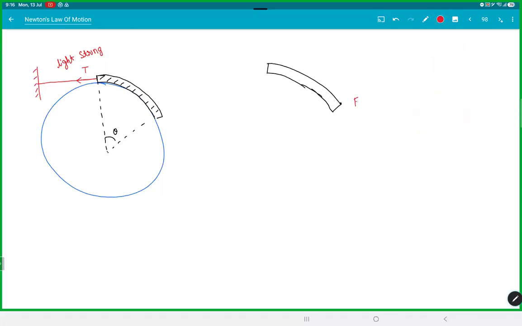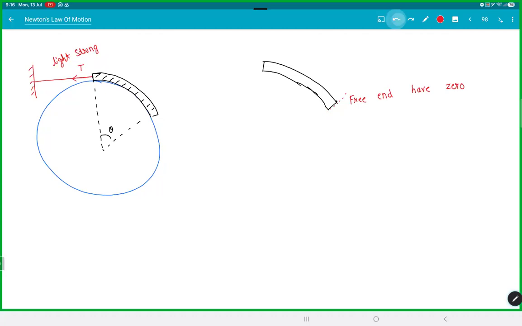This is called a free end. Free end meaning it is not connected to anything. It is not attached to anything. So this free end will have zero tension. Because remember, how do we find tension? We cut it here, isn't it? When you cut it there, is there anything on the right? No. So will it pull anything? No. So there's no tension there.